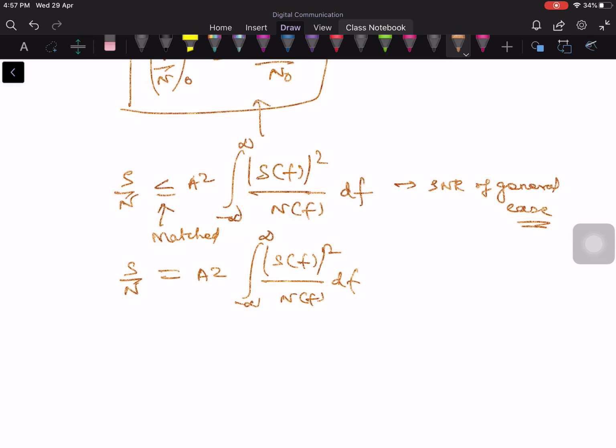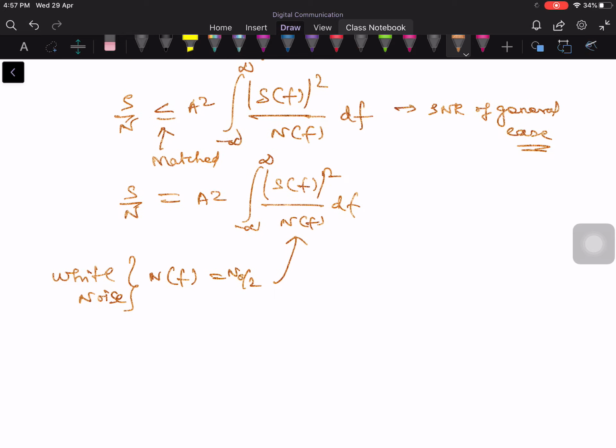Now when you take white noise, N(f) equals N0 by 2, substitute in this expression, then you get A square times the integral of S(f) squared divided by N0 by 2.